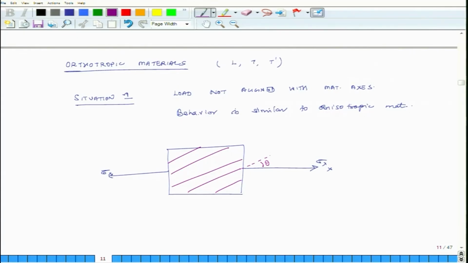In that case, the behavior is similar to anisotropic materials. So this is situation 1. In this case, the response of the material is that of an orthotropic material, but this is general orthotropy. So it is generally orthotropic.